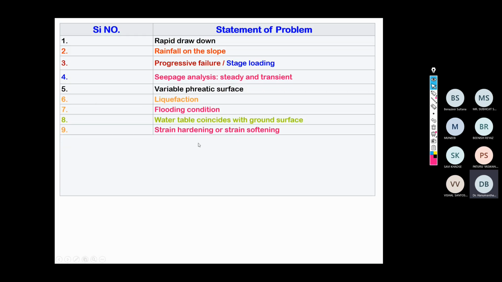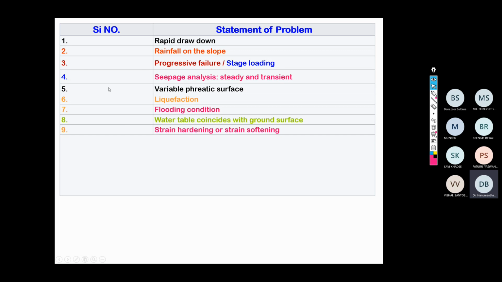And these are the different conditions under which a slope can fail. For example, a slope can fail under rapid drawdown condition, or heavy rainfall over a short period of time, stage loading, or seepage analysis, steady state seepage, or transient seepage, or variable phreatic surface, or liquefaction, or flooding condition, or water table coinciding with the ground surface, or the material properties, either strain hardening or strain softening.